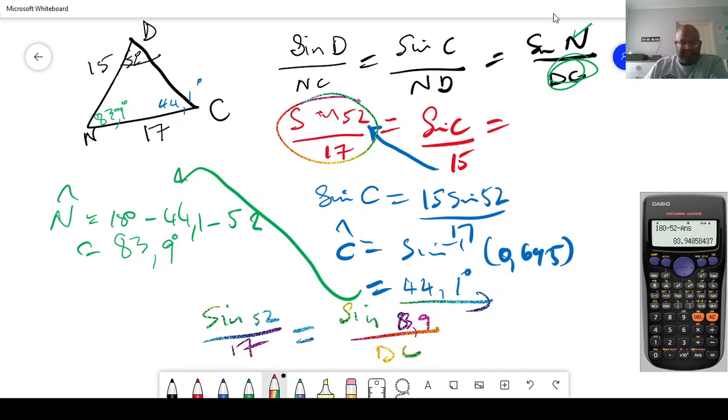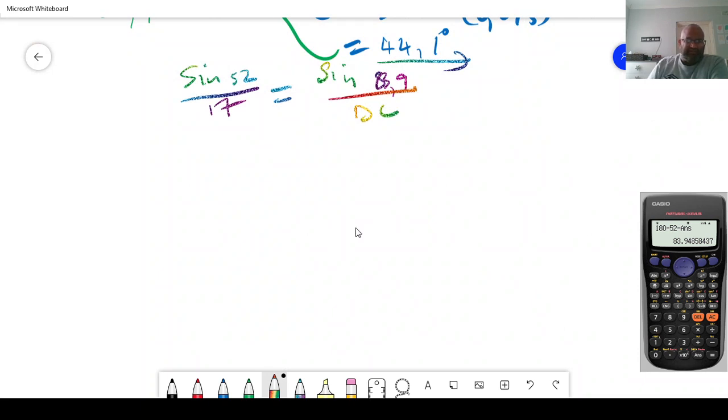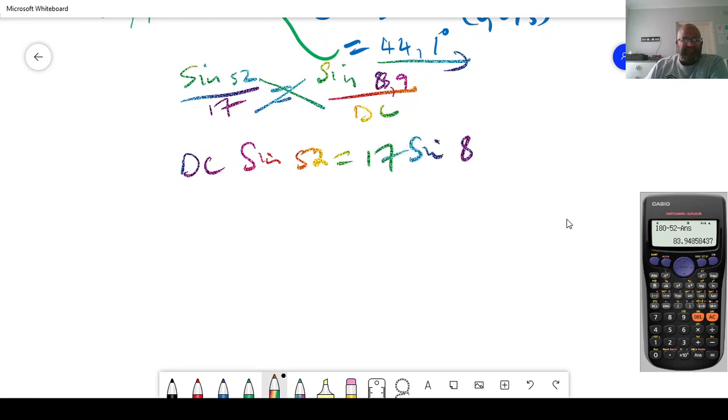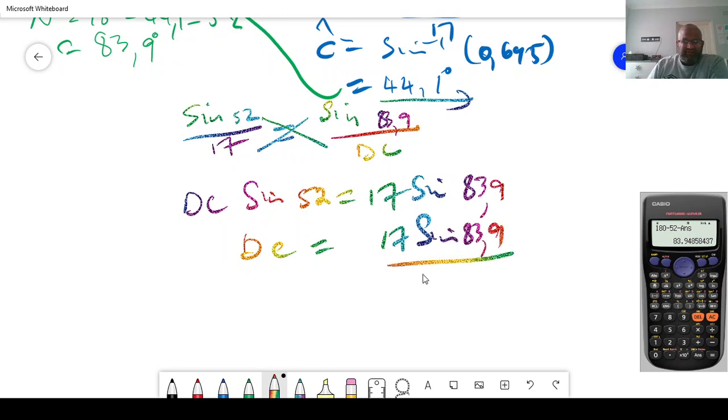Okay. Again, I could have gone the other way around, and I would have had DC as the subject of the formula. So what I do is I cross multiply. So you get DC sine of 52 degrees is equal to 17 sine 83,9. Okay. So DC is equal to 17 sine 83,9 over sine 52, dividing both sides by sine 52.